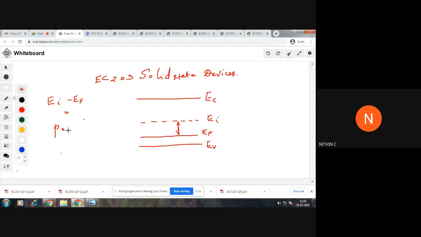P0 is equal to Ni into e raised to Ef minus Ei by kT. You can use this expression and find the value.